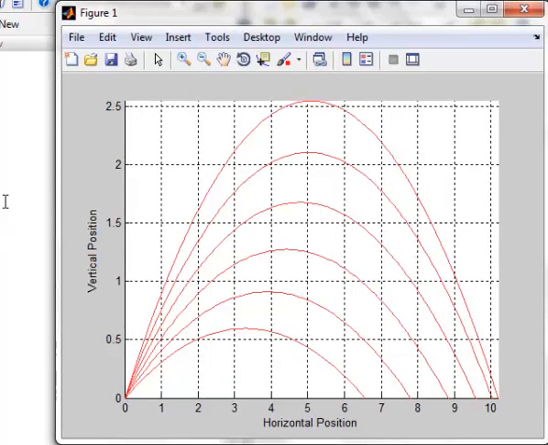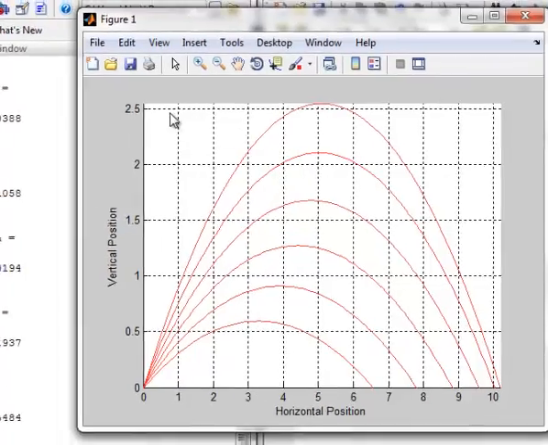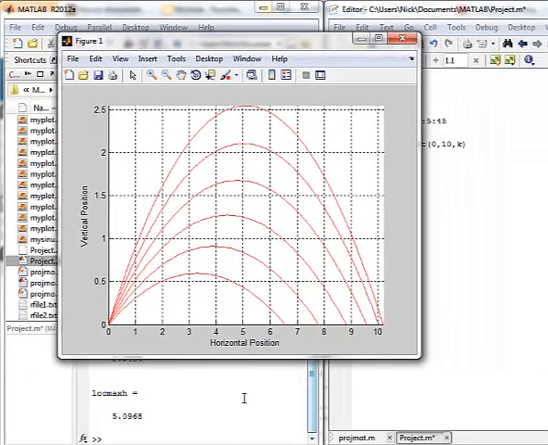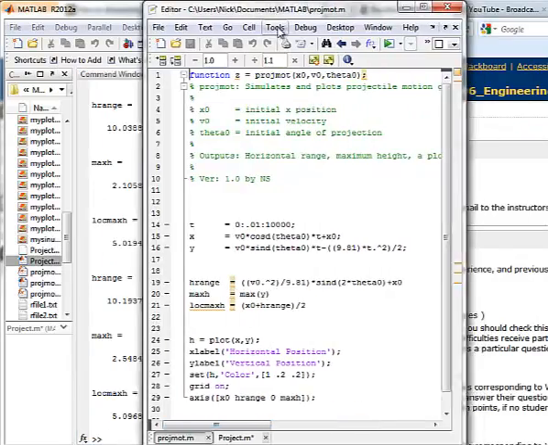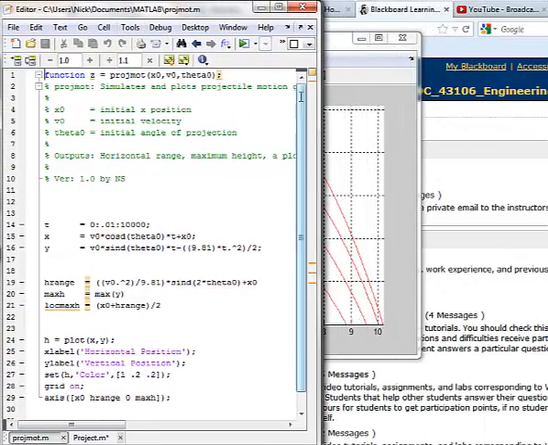The maximum height also decreases, and the location of the maximum height is increasing. Here we see the peak of the parabola at 5, and at a much lower theta, it's maybe at 3.2.